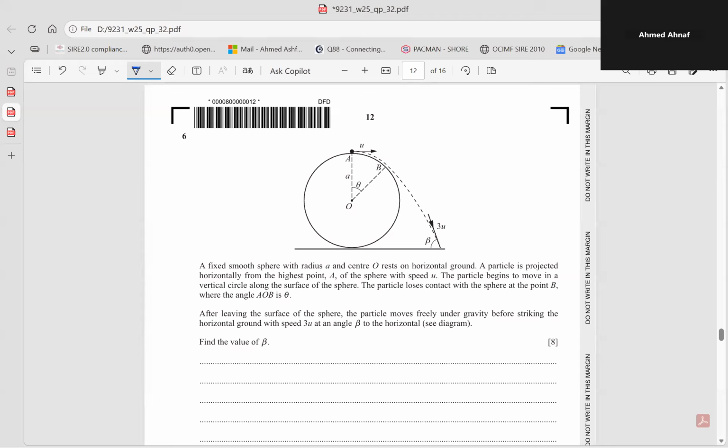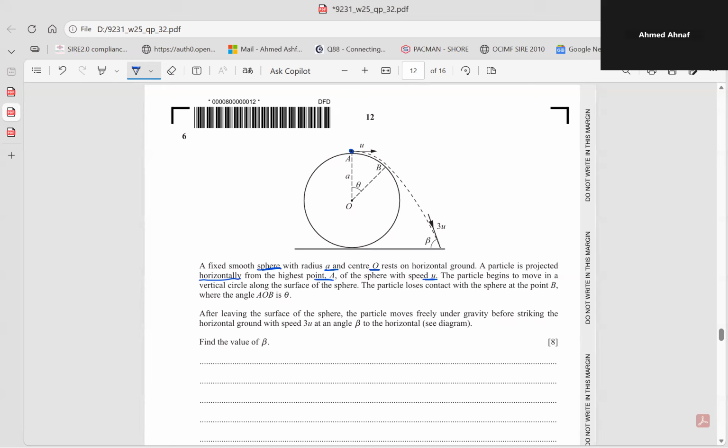Okay, so for this question, we are told that a fixed smooth sphere with radius a and center O rests on horizontal ground. A particle is projected horizontally from the highest point A of the sphere with speed u. So this particle is launched horizontally from the very top of this big sphere in front of us.